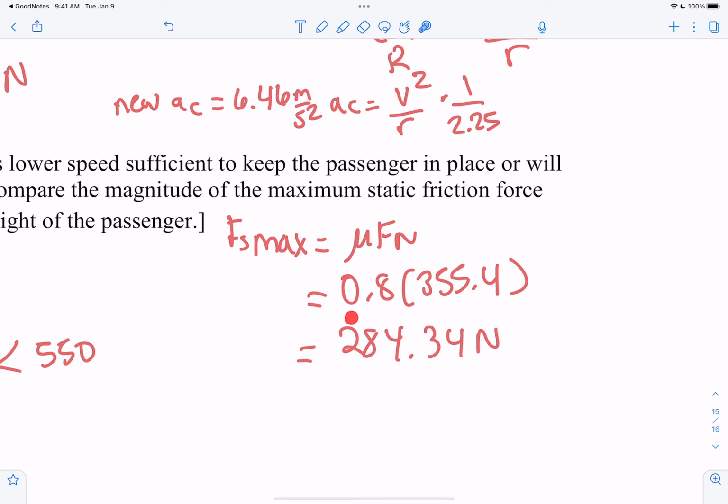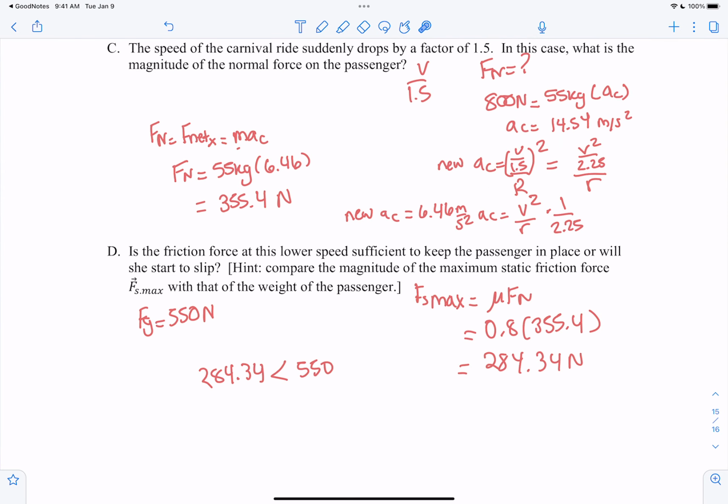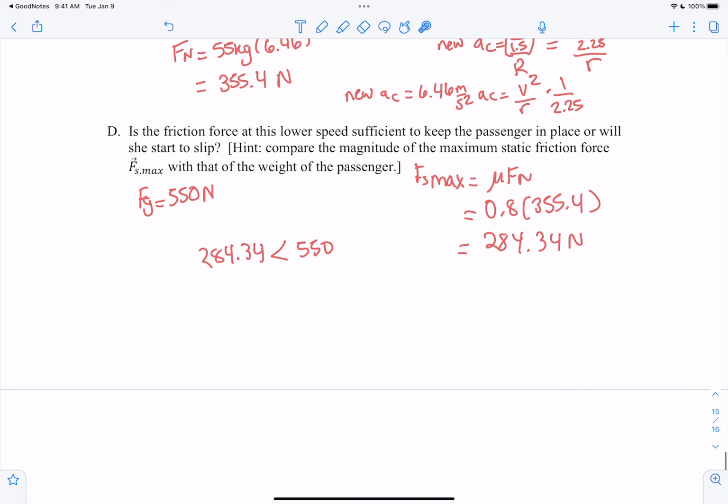So if we increase it to a point where it's like 600 newtons, then at that faster speed, static friction would apply 600 newtons of maximum static friction force, right? Is that enough to keep the object from slipping? Is it enough to overcome the force of gravity? In that case, 600 is greater than 500. Yes, it overwhelms it, right?